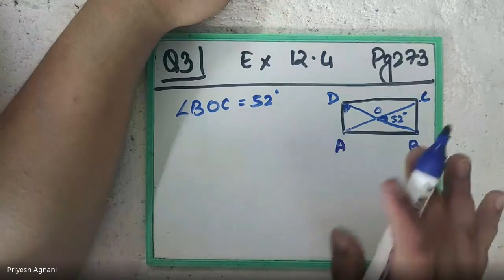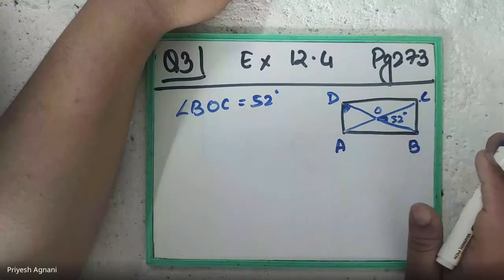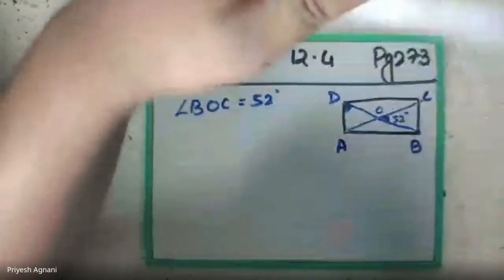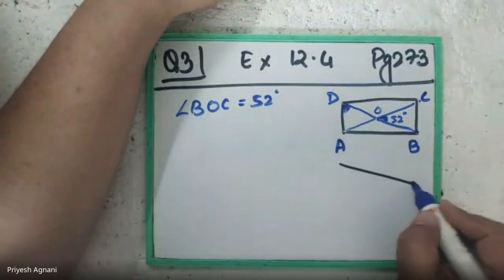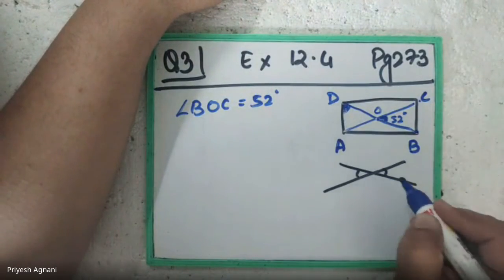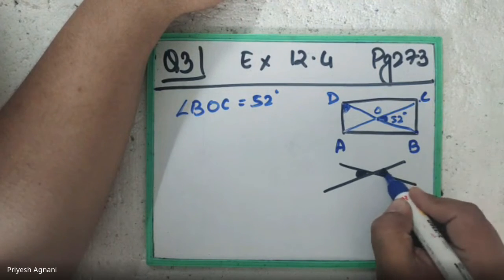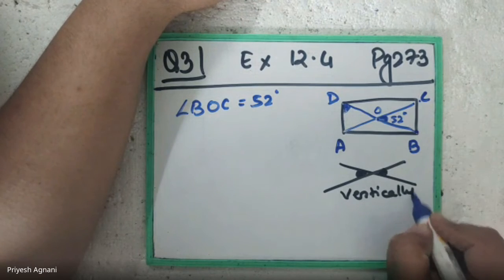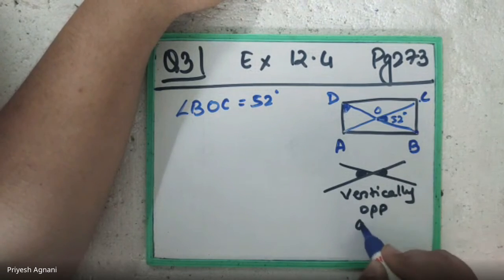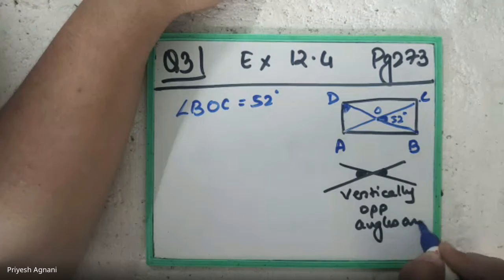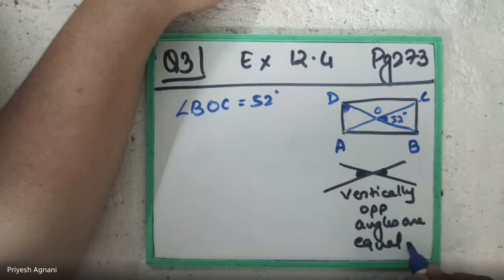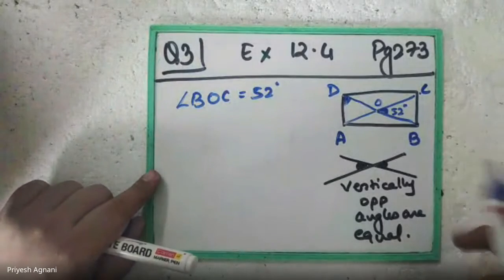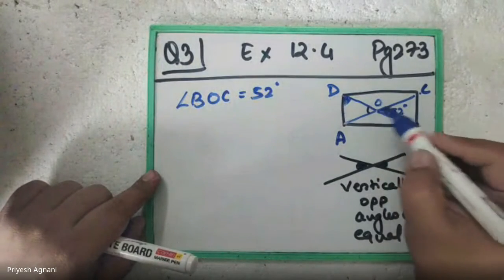Very simple question. Please try to understand the way I solve. पहले तो आपको ये पता होना चाहिए कि ये और ये एंगल सेम होते हैं. This is called vertically opposite angles. Vertically opposite angles are equal. ये और ये एंगल्स जो है वो हमेशा इक्वल होते हैं. अगर ये 52 है तो ये भी 52 होगा.